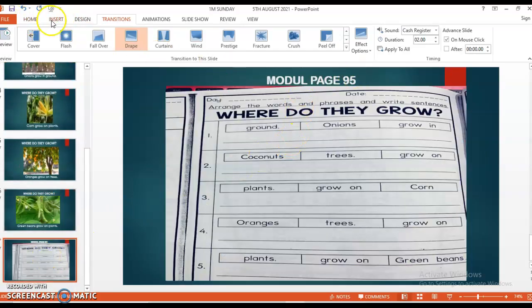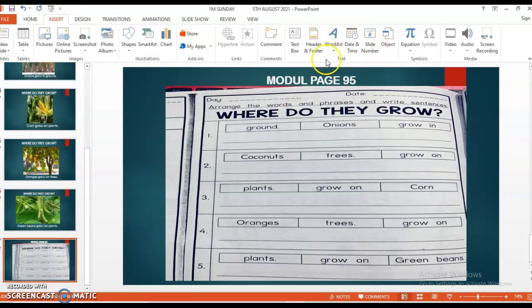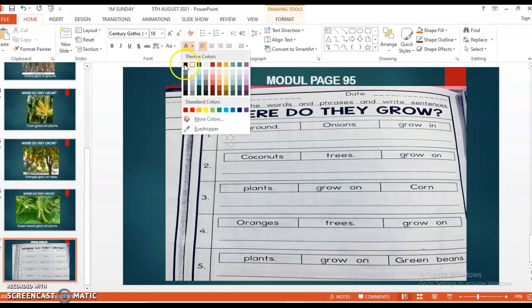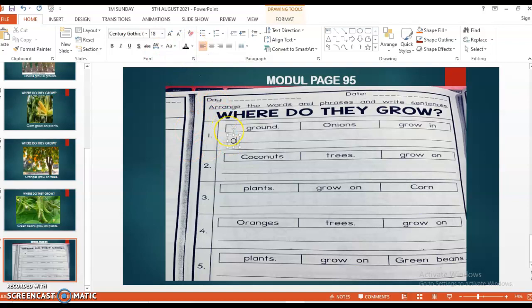Saya cuba buat. Onions grow in ground. Full stop.